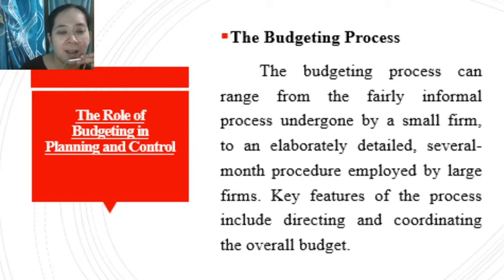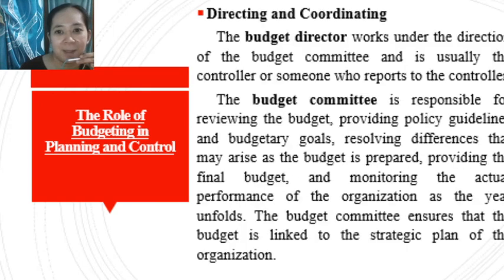followed. Okay, so the key features of the process include, of course, directing and controlling of the overall budget. This is, again, of course, to implement what has been planned. Okay, and aside from implementing, of course, you have the feedback and the control function of the management.